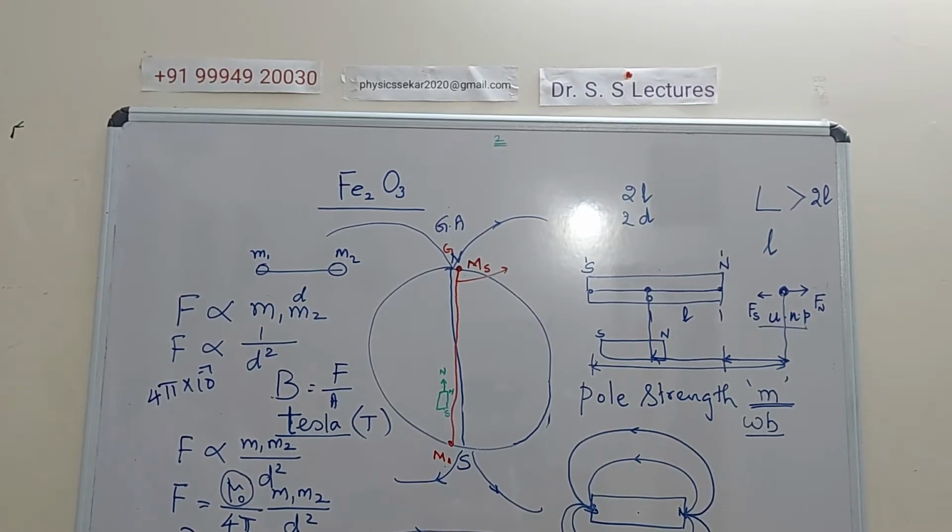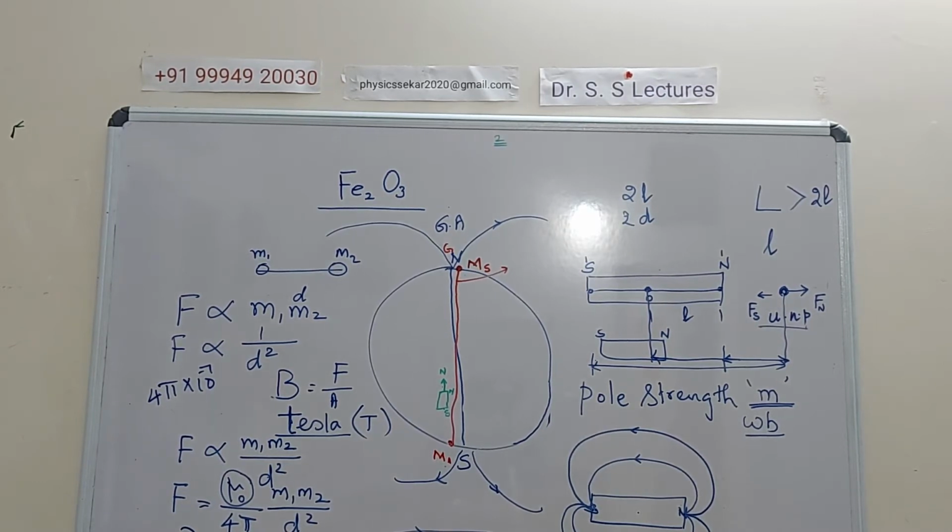If M1, M2 be the pole strength of the two small magnets that you are considering at a distance d meters away, large distance compared to the semi-length of the magnet, we find that either the force of attraction or repulsion is directly proportional to the product of the pole strengths, inversely proportional to the square of the distance between them.